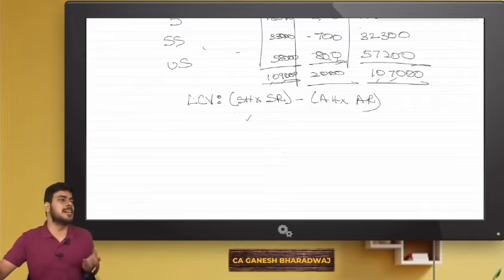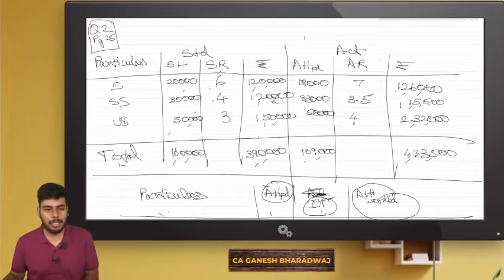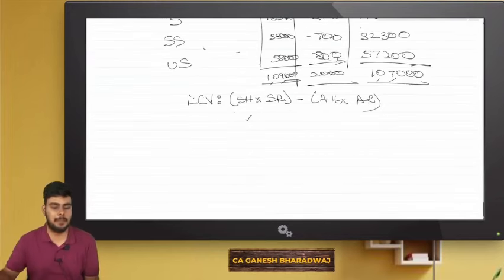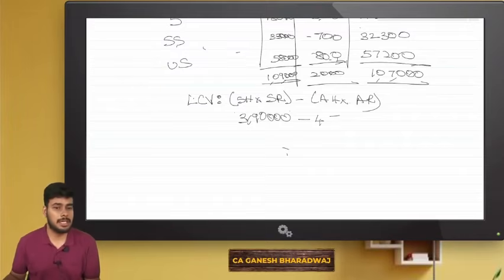I think we've already done this on the top. That is standard hours into standard rate, total 3,90,000. Actual hours into actual rate, we've already got this: 4,73,500. So shall we just plug it here? Tell me how much minus how much? 3,90,000 minus 4,73,500.